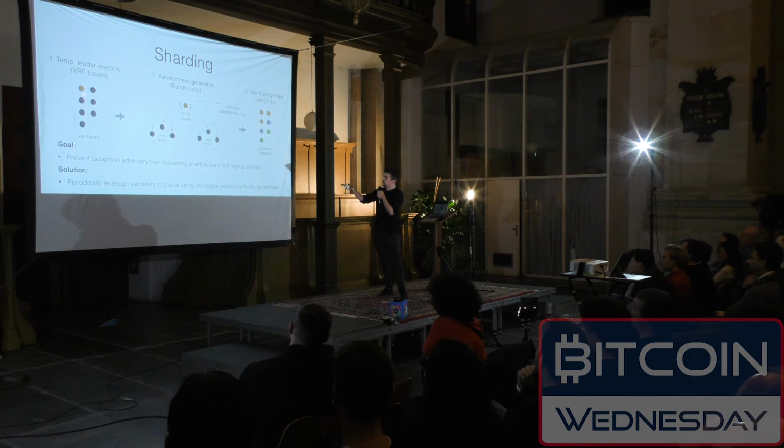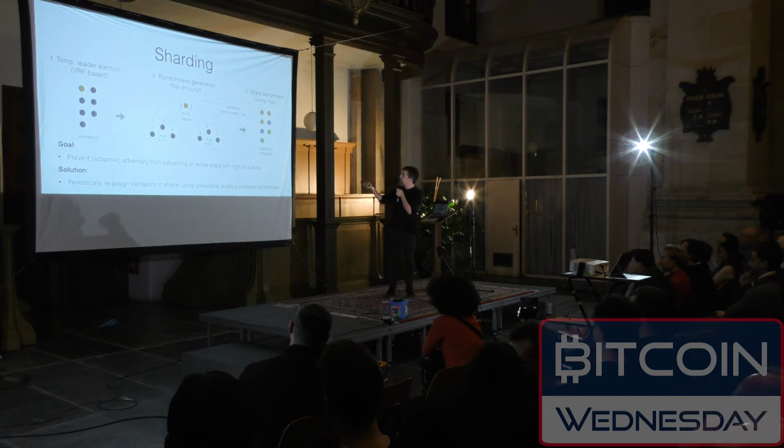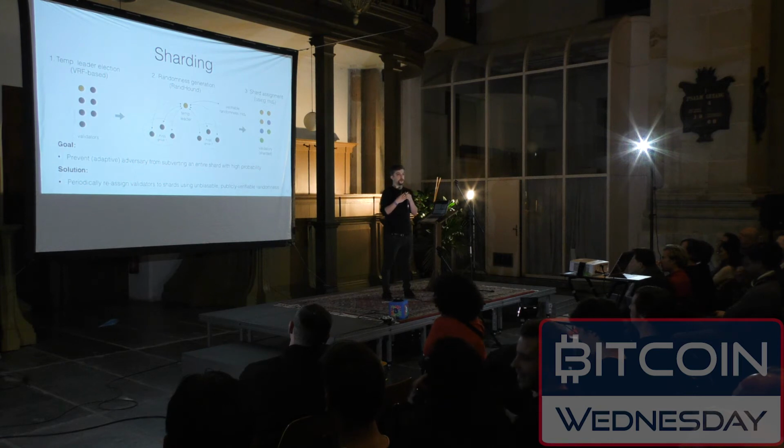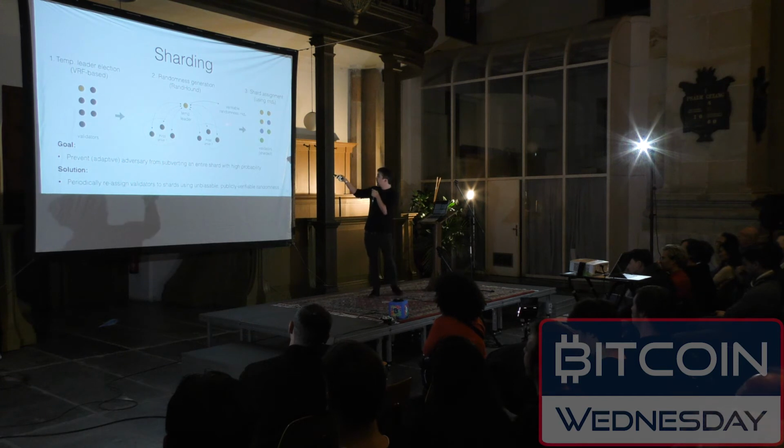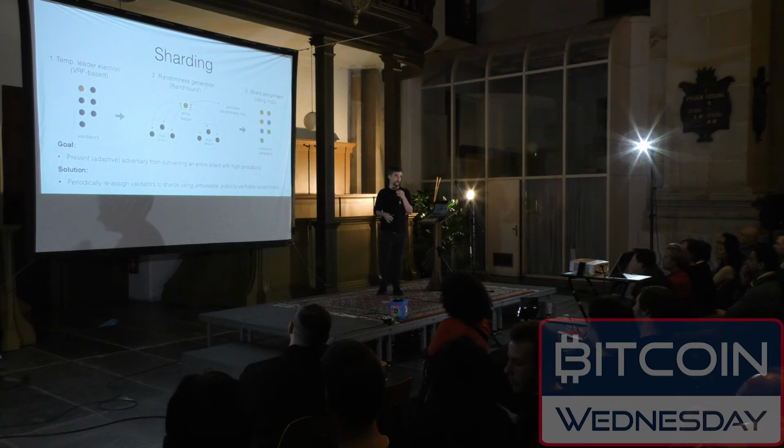And once this leader is elected, this leader initiates another randomness protocol that we also designed a while ago, which is called the Randhound protocol, where all validators in the system come together, run this protocol, and then they collectively generate a random string that is verifiable by third parties. And then with this verifiable randomness, they basically generate the shard assignment that I mentioned in the last slide.